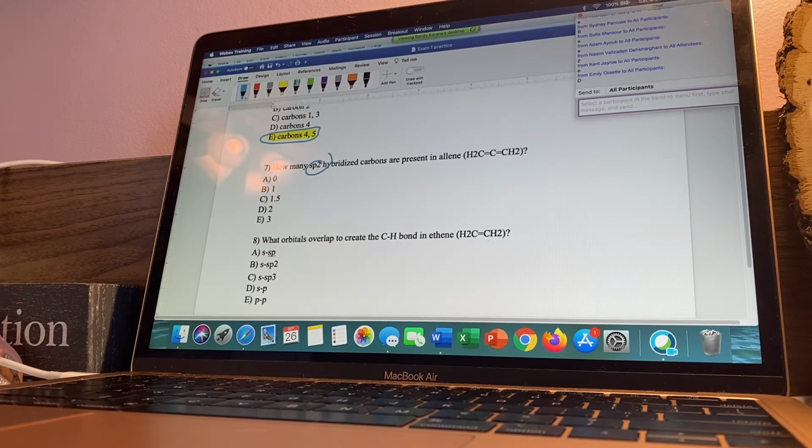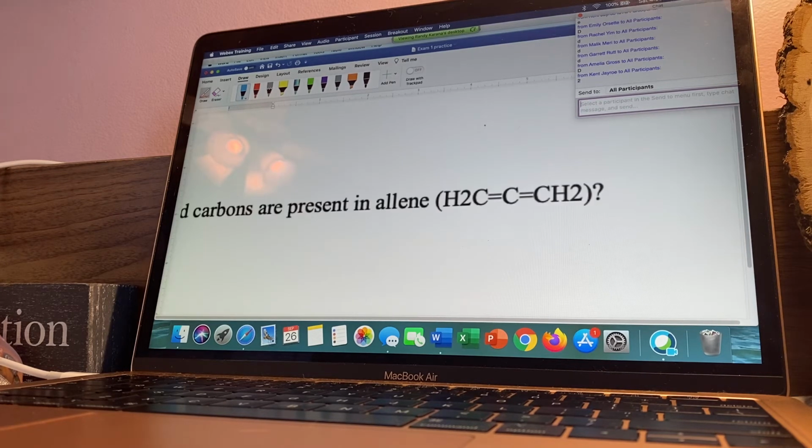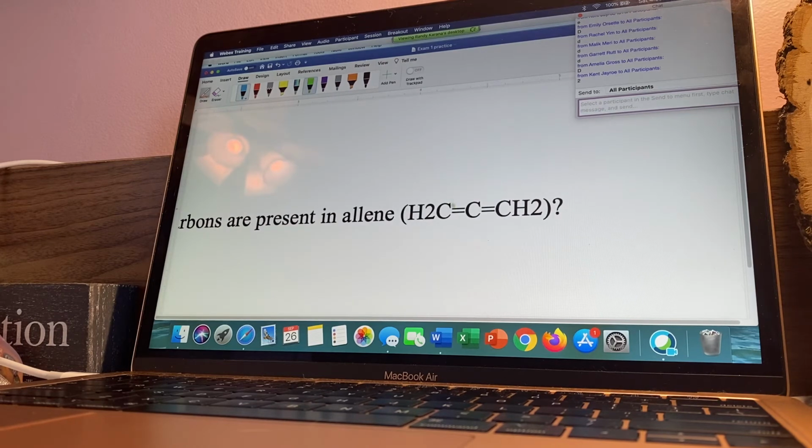So what did we say about getting hybridization? We look at how many things are around it, right? Can I have someone explain how to do it for this carbon that I underlined in green? Yeah, so it's attached to 2 hydrogens and a carbon, and it has 3 constituents, so it's sp2.